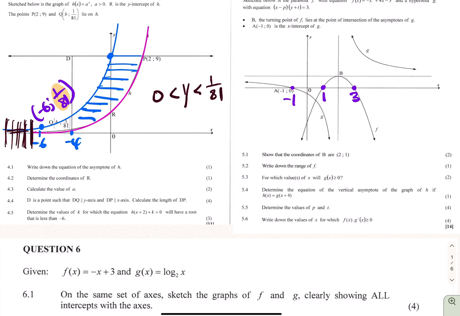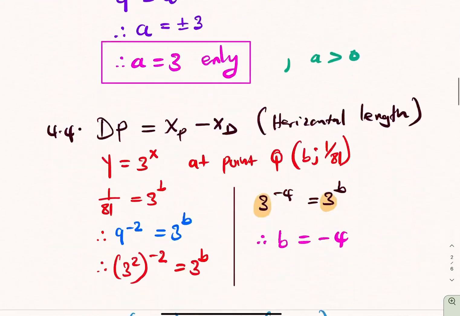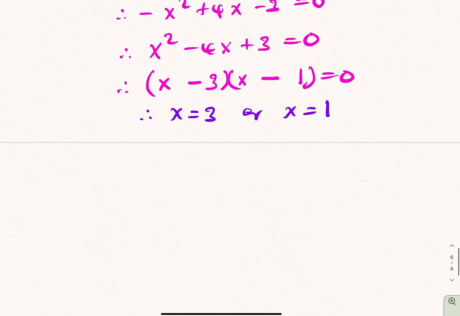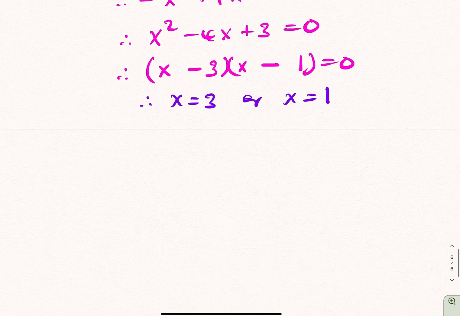We are looking for the values of x for which f, which is the y value, multiplied by this one. This one is the g prime. Let's check how we are going to get the g prime.